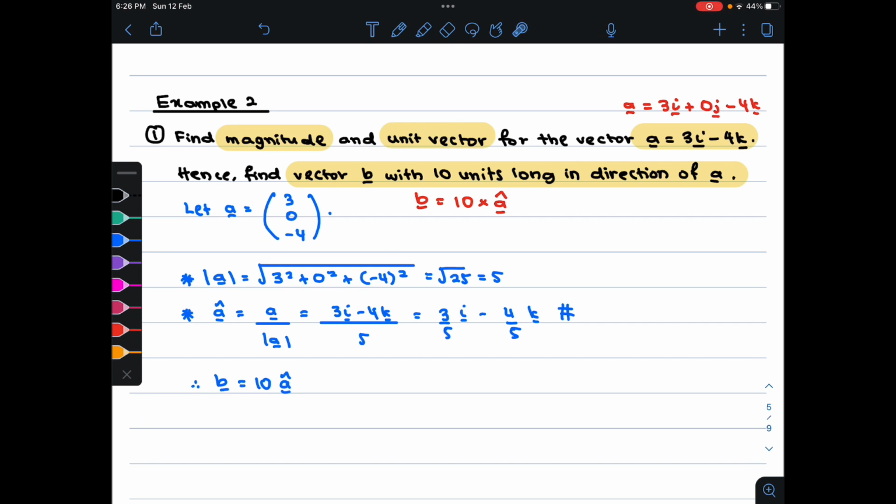And we already know that A hat, or unit vector A, is this one. By simplifying, we can see that we have 2 times 3i minus 4k. Therefore, the final answer is 6i minus 8k. And that is the vector B.